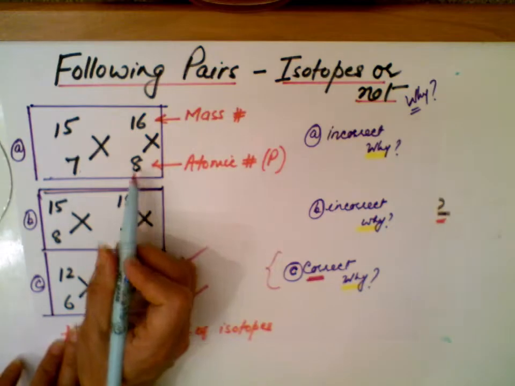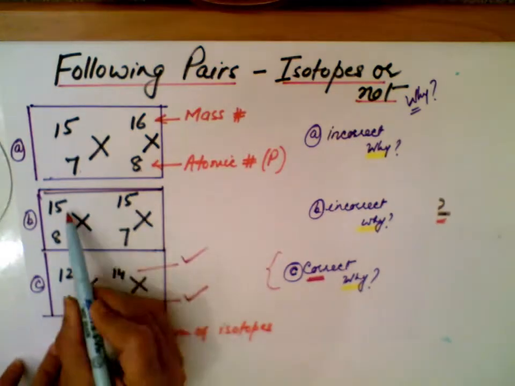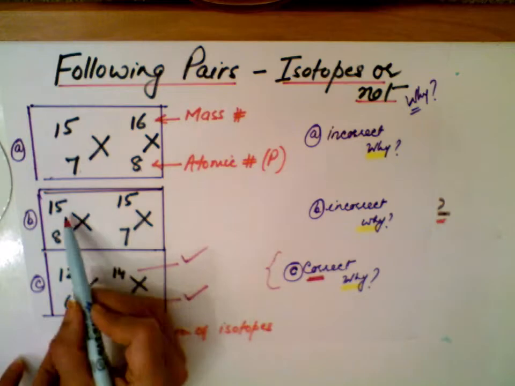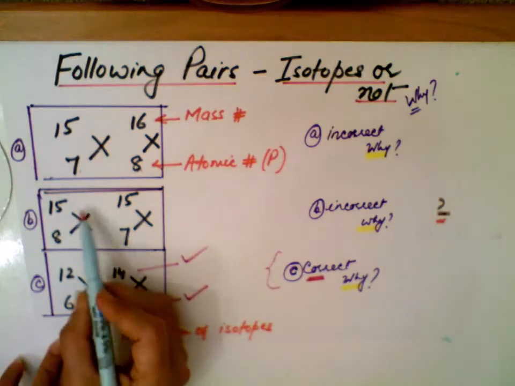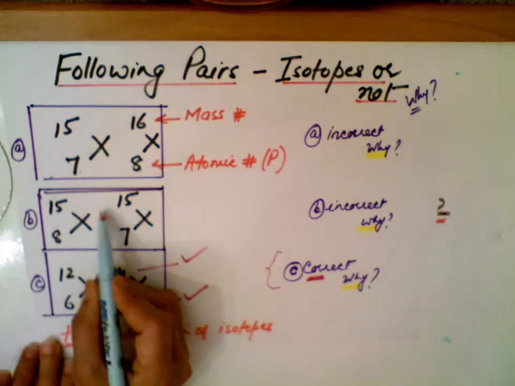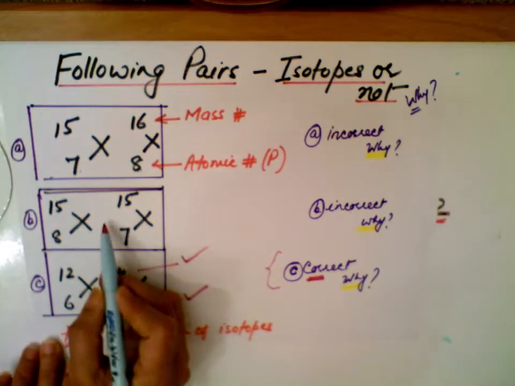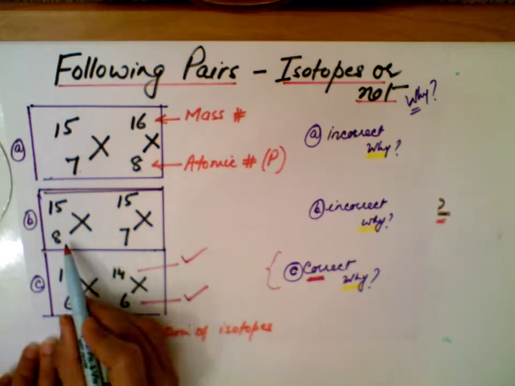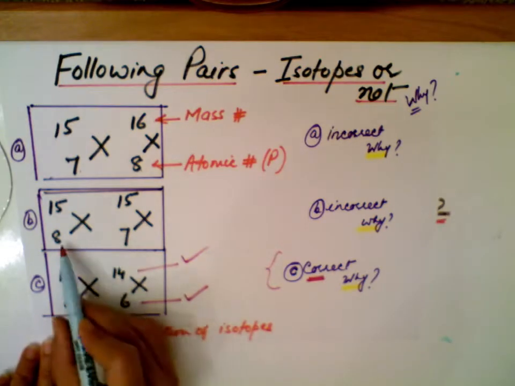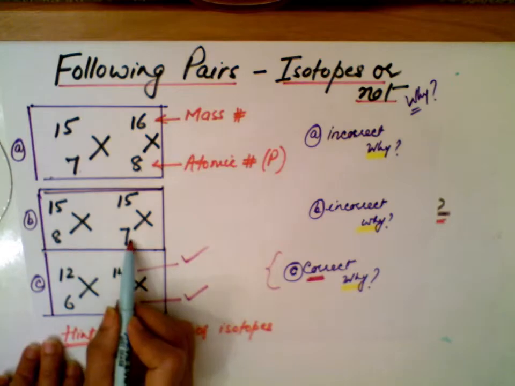Okay, now the second one has the same mass number. So this is incorrect. Why is this incorrect? Because our definition says the mass number or number of neutrons differs for isotopes. All right, and if you look at the bottom, it is completely incorrect because the atomic number has to be the same for isotopes.